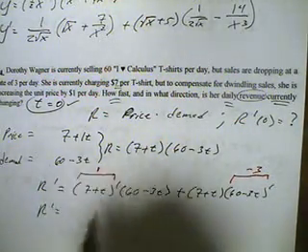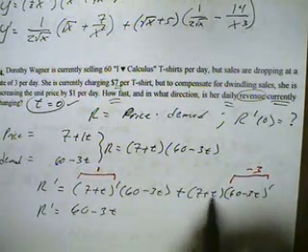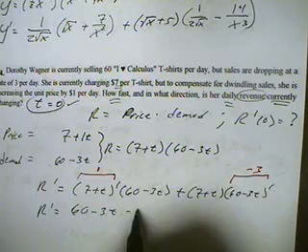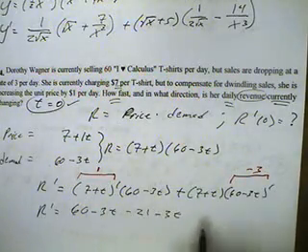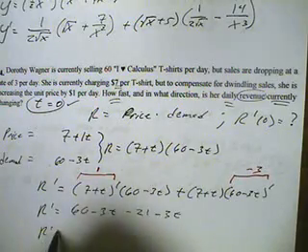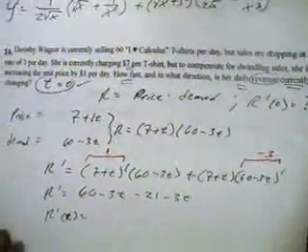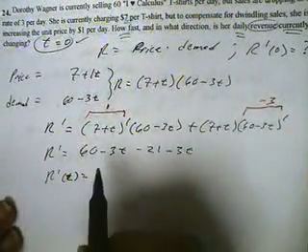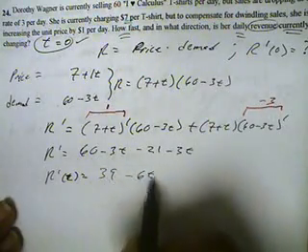So what we have is a 1 times this, which is 60 minus 3t, and a negative 3 times both of these, which is a negative 21 minus 3t. Okay, so we put all this together, we get r prime of t equals 39 minus 6t.